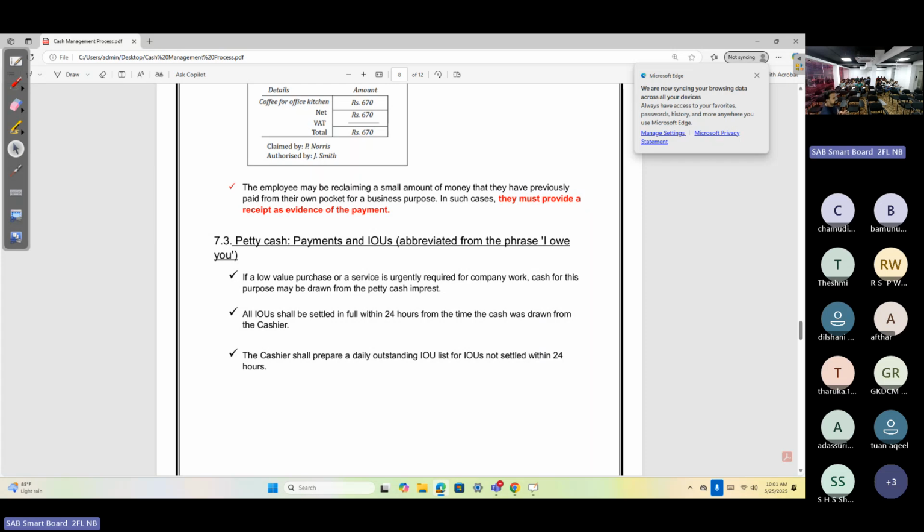So here, there are two types. One is specific purpose, for that purpose you are requesting money. Second one, a list of expenses you want to incur within a day, for that you are getting money.